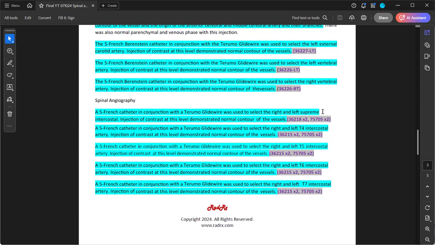That occurs when you've assigned 36226 for vertebral imaging. If you have not done that, then it would be appropriate to code with a 36217. So that is one of those coding oddities, if you will, that comes along with coding the 36226 code versus when you don't code the 36226 code.